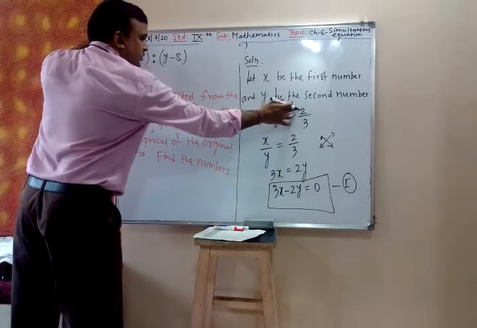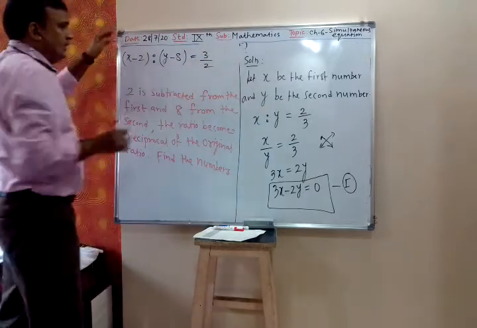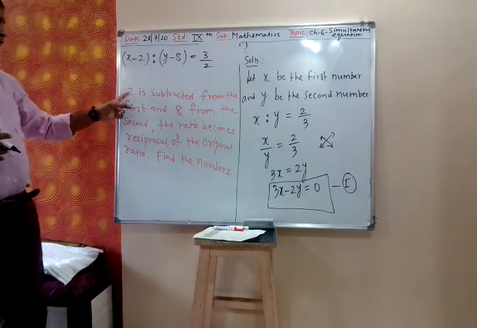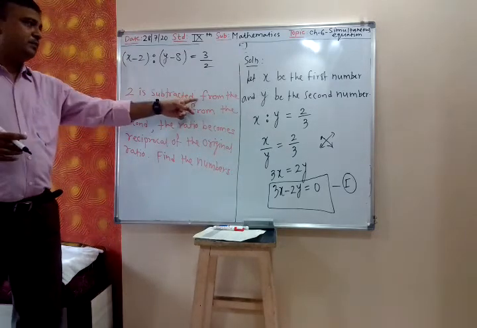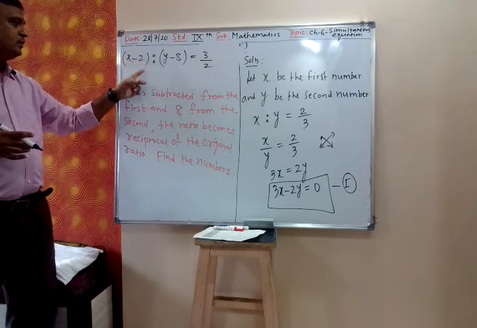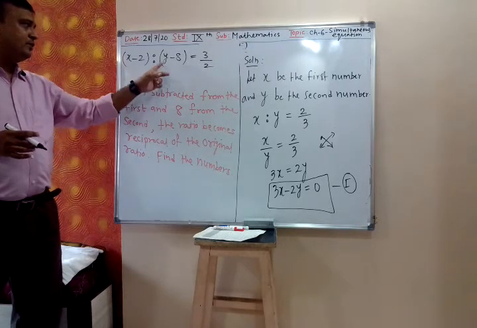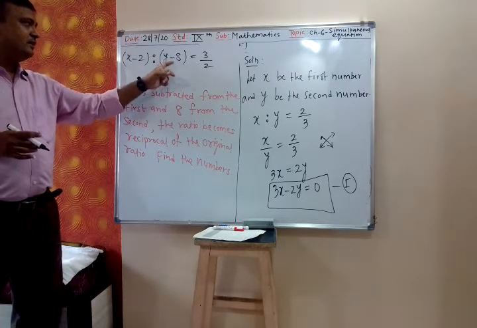Original ratio is 2 upon 3, so reciprocal will be 3 upon 2. If 2 is subtracted from the first number x, x minus 2. And 8 is subtracted from the second number y, y minus 8.